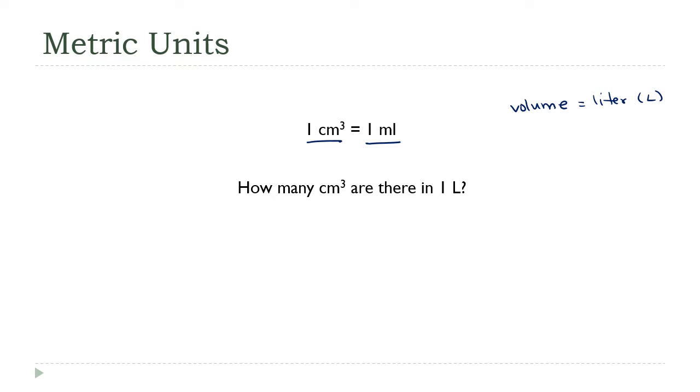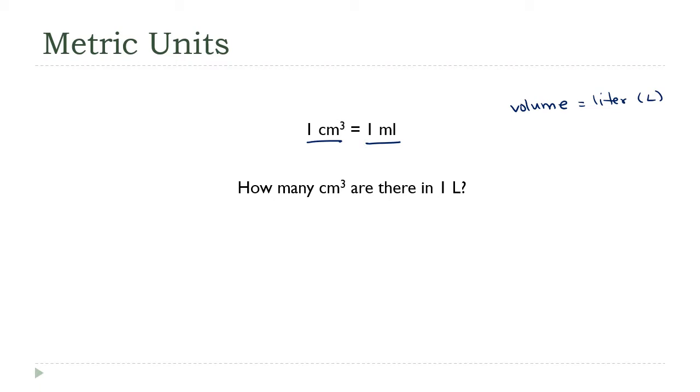So my question now is, how many cubic centimeters are there in 1 liter? Okay, well, I need a conversion factor, right, to do this. And specifically, I need a conversion factor that takes me from cubic centimeters to liters. Okay, so really, let's take this milliliter number. How many liters is 1 milliliter?